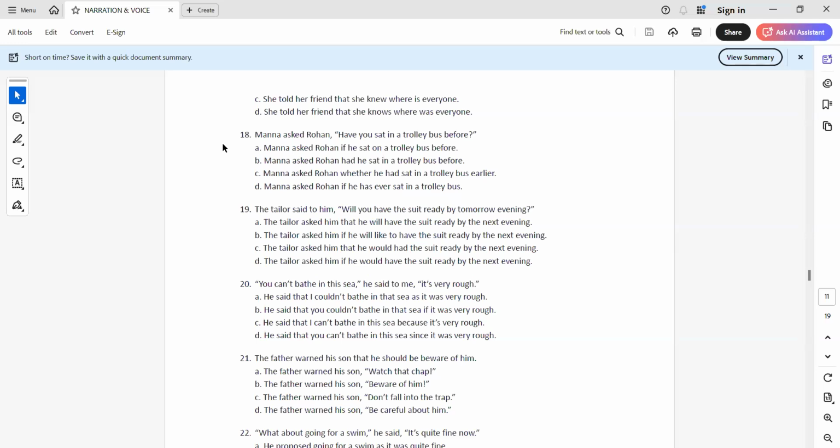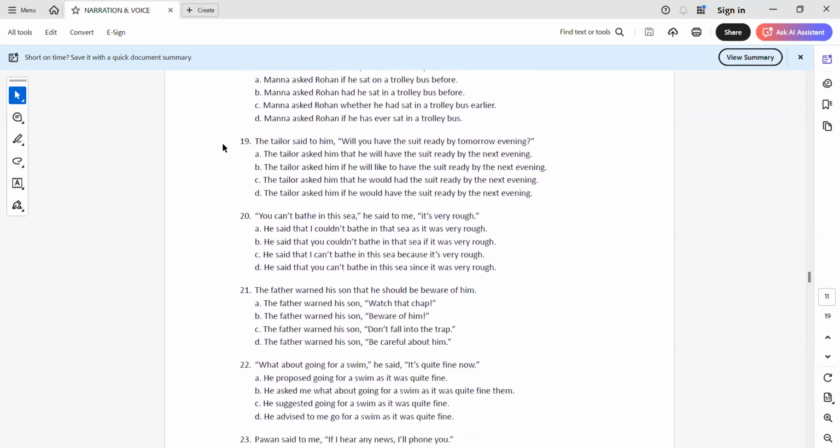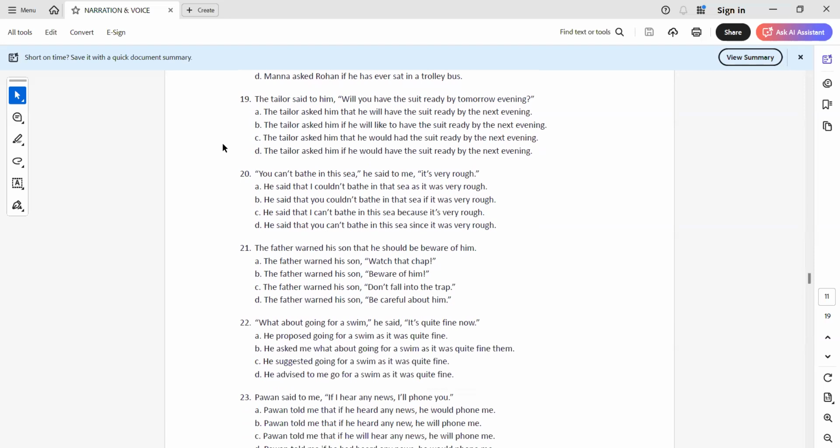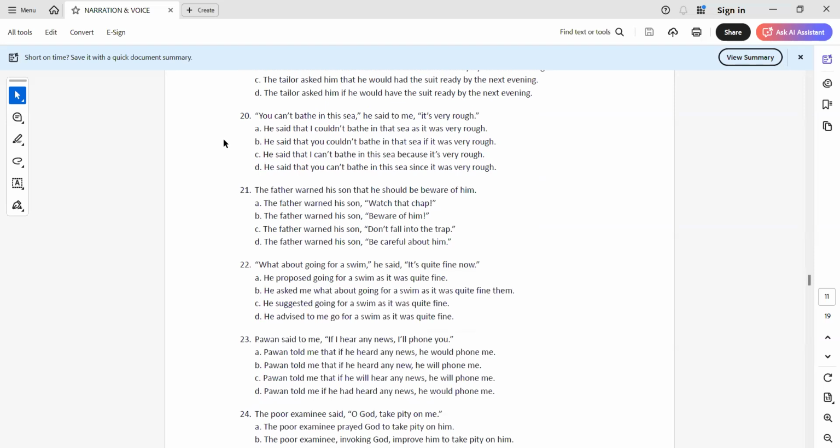C, correct. The tailor said to him, "Will you have the suit ready by then?" The tailor asked him if he would have the suit ready by then. D, correct. Next: You can't bathe in this sea, he said to me. It's very rough.